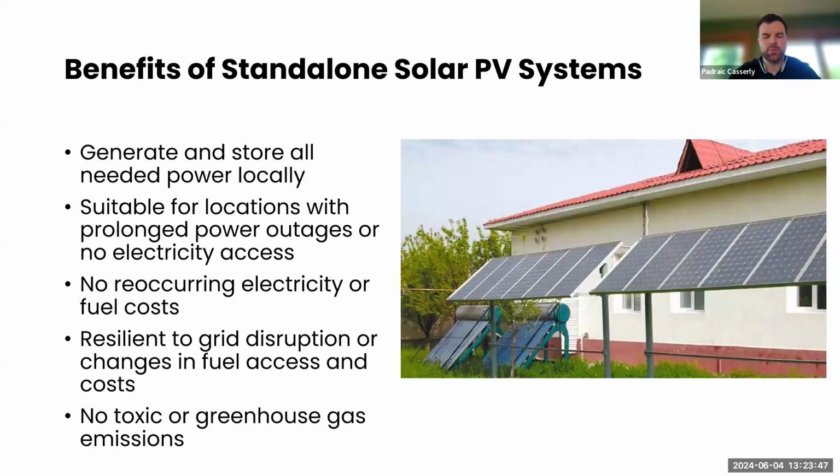And so these price shocks can be very disruptive to managing a budget at a health facility. And having independent solar or electricity generation can make you more resilient to when there are disruptions to electrical systems.